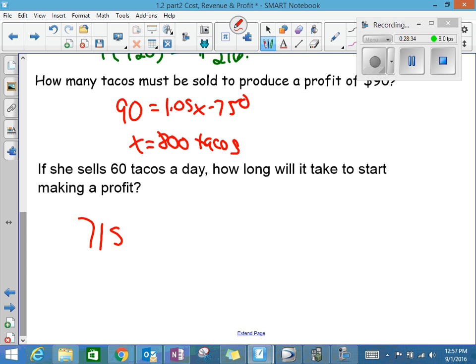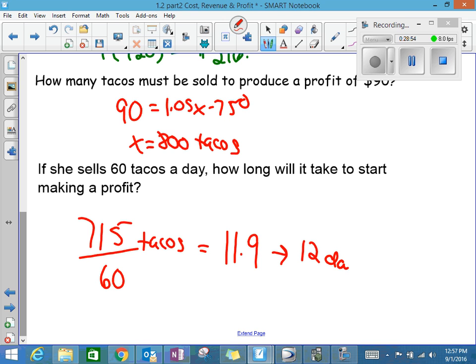Right, so she doesn't start making a profit until she sells 715 tacos. And if she's selling 60 a day, how many days will it take? It becomes 11.9, which again you want to round up to 12 days. Okay, does that make sense? So that was just a little bit different take on it.